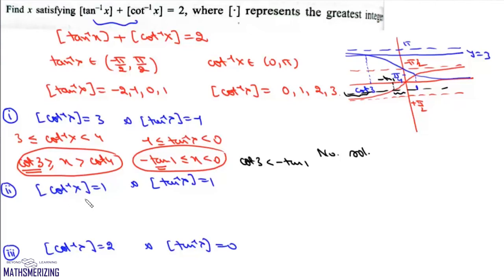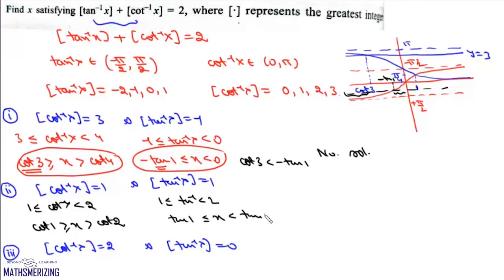Now for the second case, when the greatest integer of cot inverse of x is equal to 1 and of tan inverse of x equals 1, cot inverse will lie between 1 and 2 and tan inverse will also lie between 1 and 2. Now if we take cot, we'll get cot 1 is greater than or equal to x is greater than cot 2, and here tan 1 is less than or equal to x is less than tan 2. Now we need to compare the values of tan 1 and cot 1.